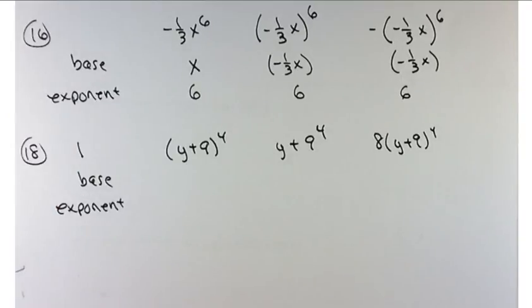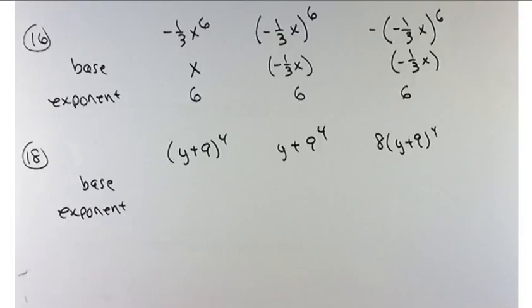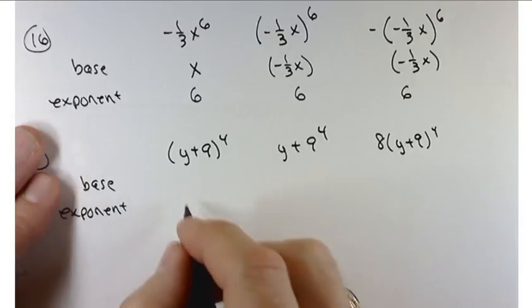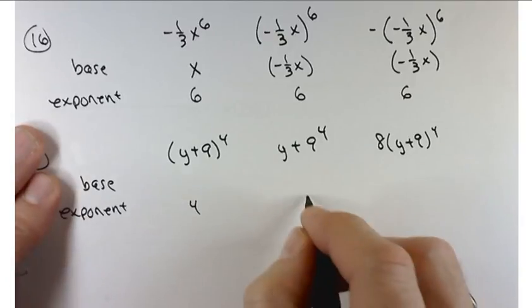So like these previous examples, I think the exponent part is clear. The big job is to figure out, well, what's the base? So the exponent in these is 4.